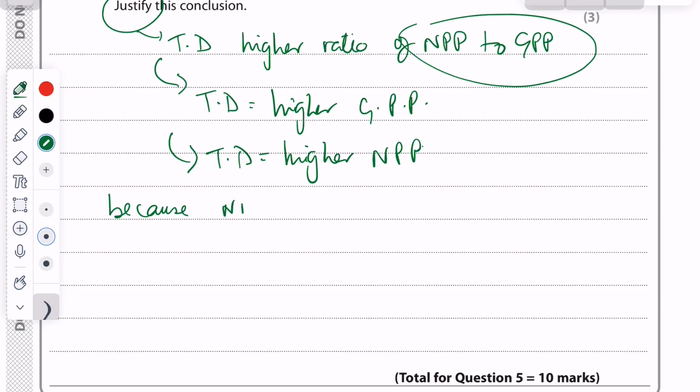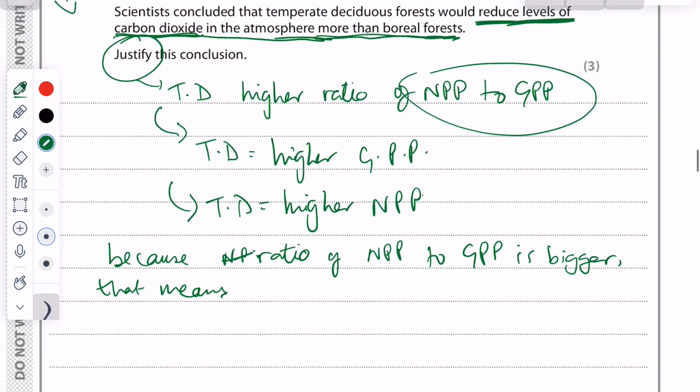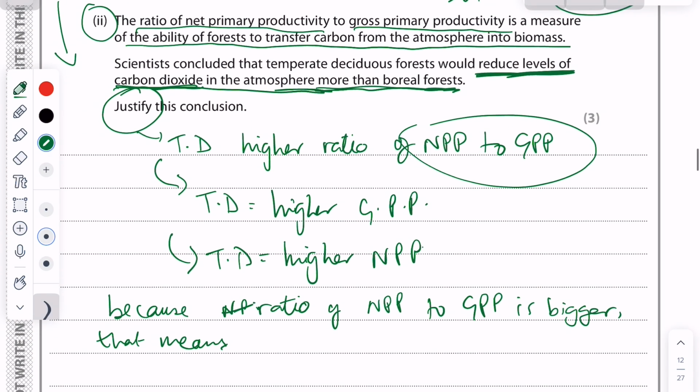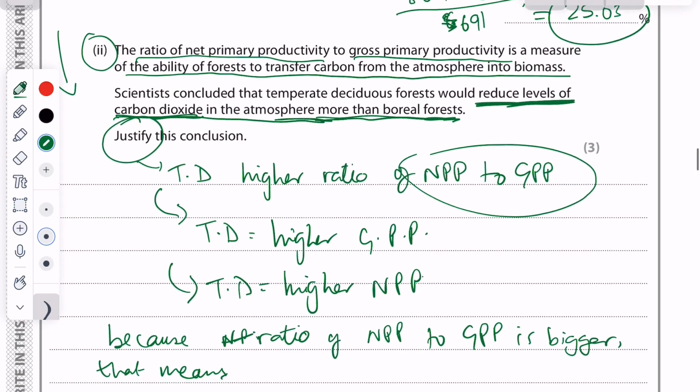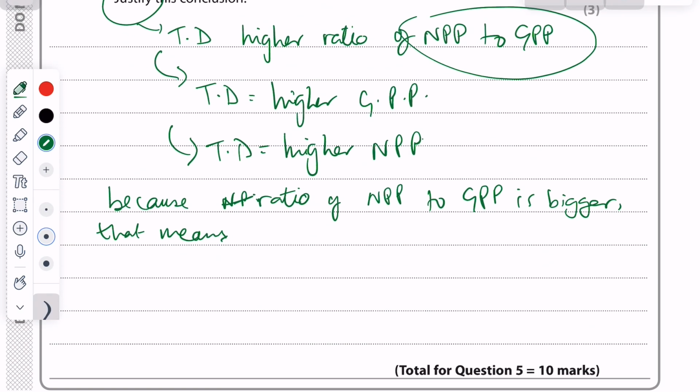Because the ratio of NPP to GPP is bigger, that means, okay, let's think about this.